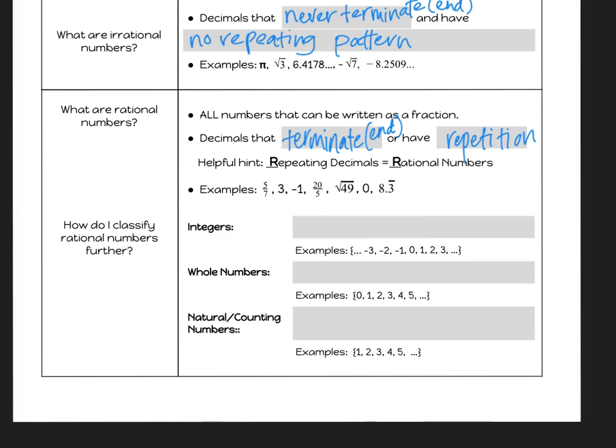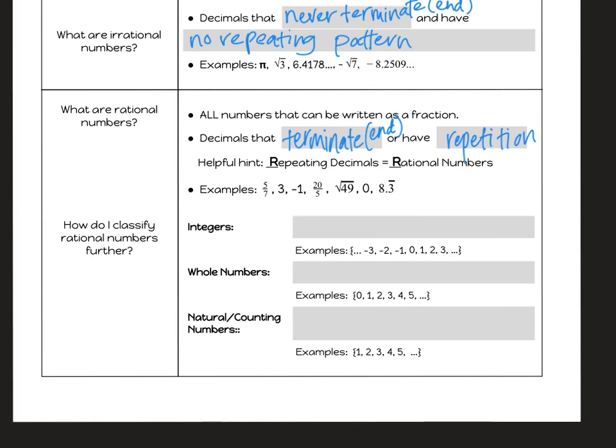A helpful way for you to learn this is that repeating decimals starts with an R, repeating, and rational also starts with an R. And so we've listed some of those examples below. As you can see, these all can be written as fractions, and the square root of 49 is going to give us 7. So that's why that works.